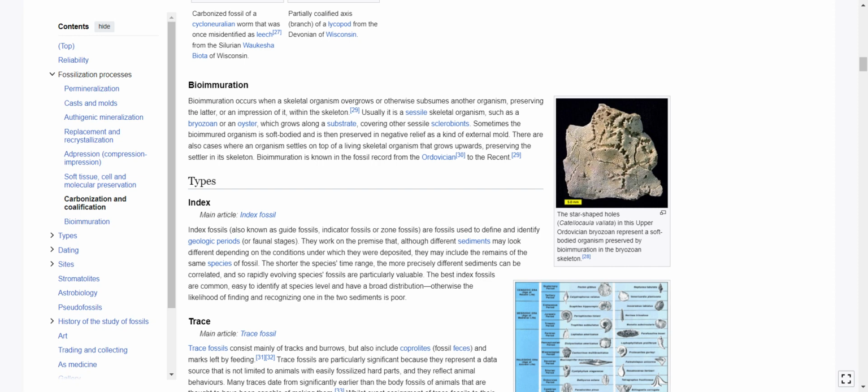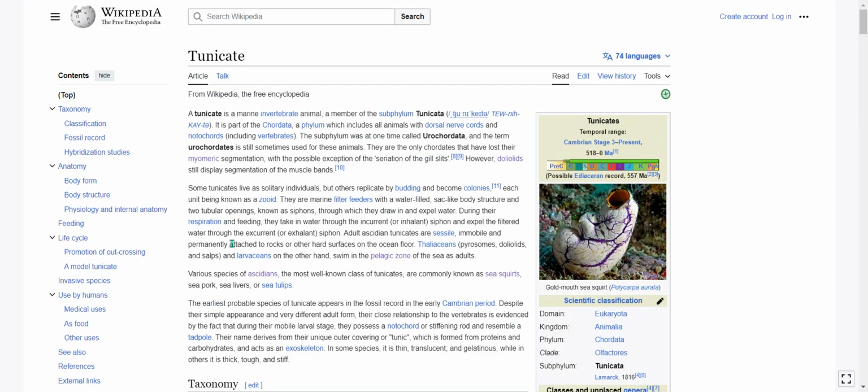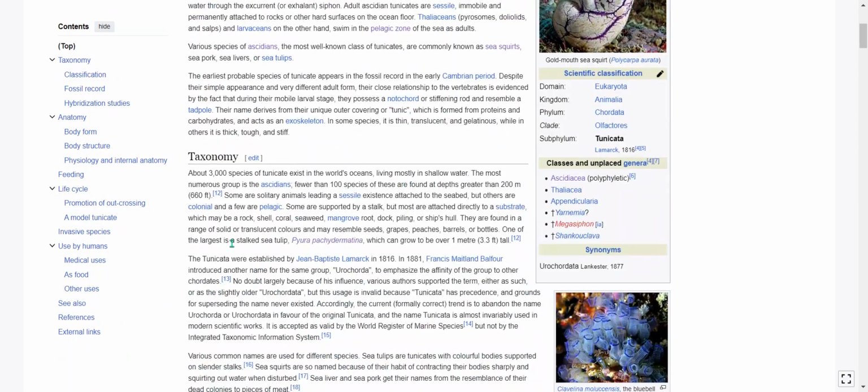There are also cases where an organism settles on top of a living skeletal organism that grows upwards, preserving the settler in its skeleton. Bioimmuration is known in the fossil record from the Ordovician to the recent. Okay, so that makes enough sense.